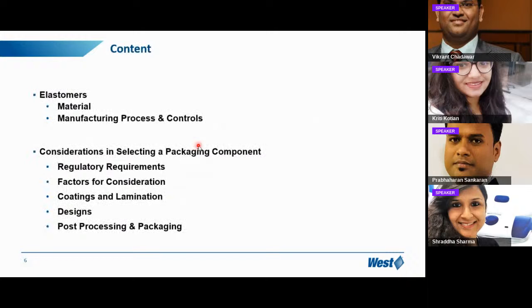Content-wise, we are going to see what kind of material these elastomers are made of, what the manufacturing process and control are, what the considerations are in selecting a primary packaging component, the regulatory requirements, factors for consideration, different coatings and lamination, different designs, post processing and packaging.